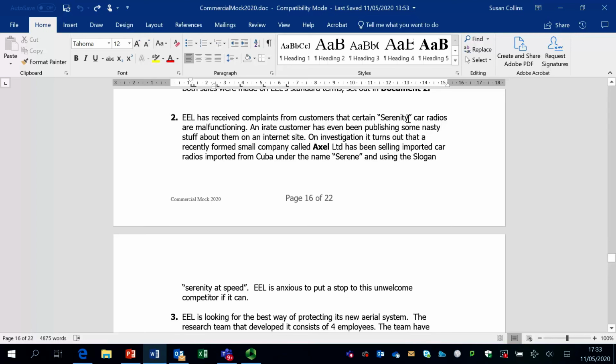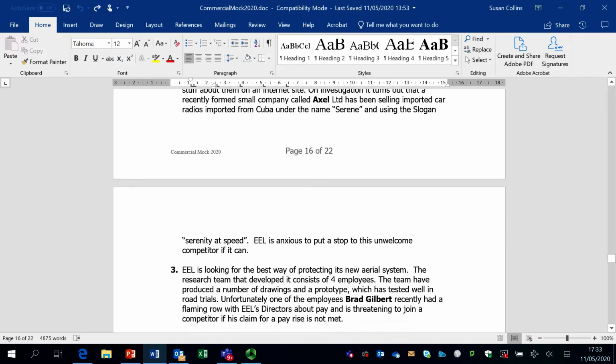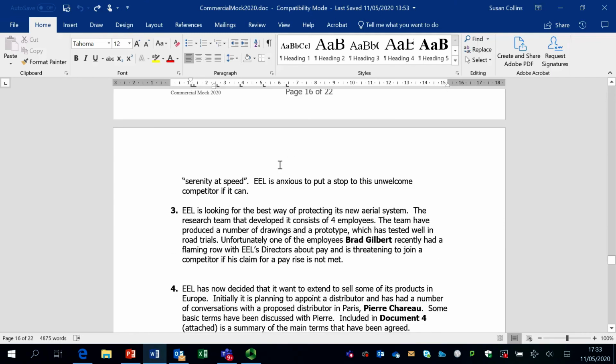They've received complaints from customers that car radios are malfunctioning. They've had information about them on an internet site investigation. It turns out small companies have been selling imported car radios under this name and the Serenity at Speed slogan, and they're anxious to put a stop to this.